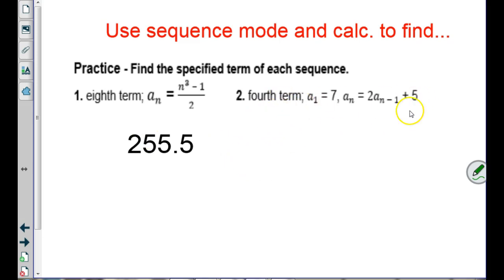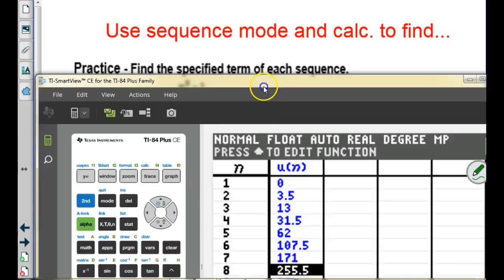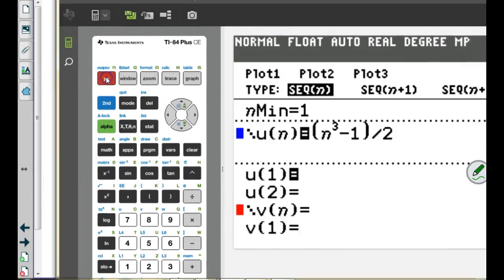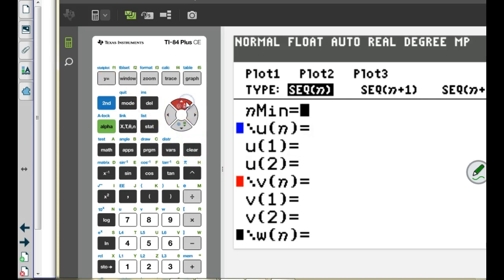This is a recursive sequence, okay? So if we're going to type in a recursive sequence, it's very specific what we have to do. Please pay attention because this is the first time we've done this, okay? You go to your y equals key, clear this guy out. Now, the first term is called the first term, so we're going to put a 1 here.